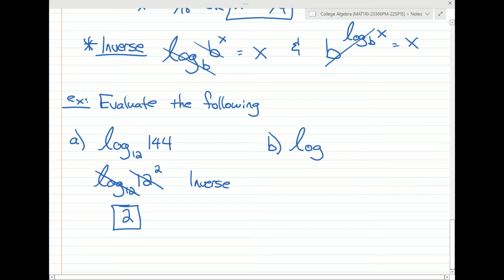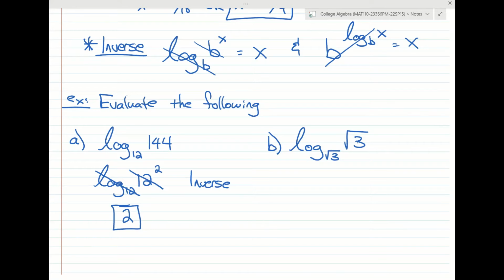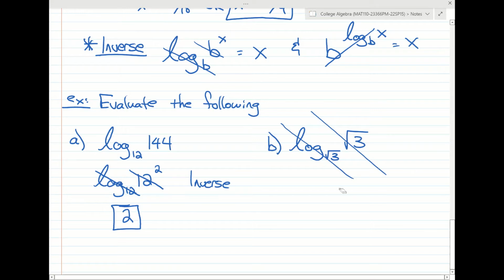We have log base square root of 3 of the square root of 3. What would this answer be? What is it? It would be 1. Yeah, one thing you could do is you could use the inverse property and just cancel these. But whatever's left over is the power.